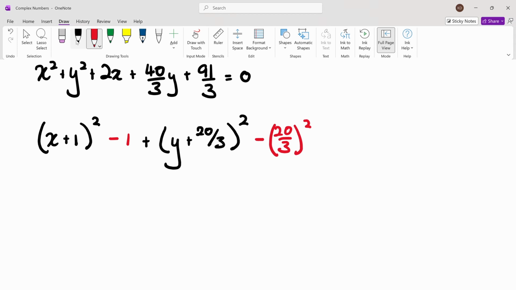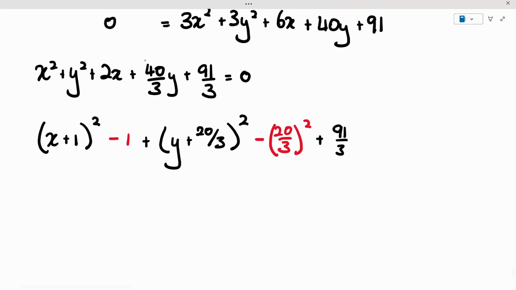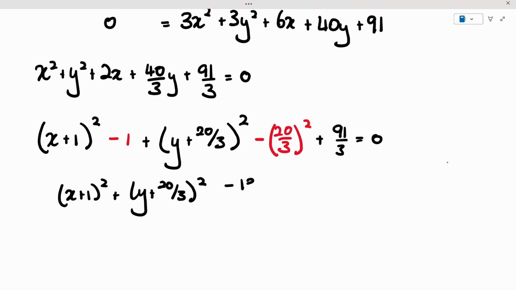Right? Plus 91 over 3 equals 0. So we bring everything over, x plus 1 squared plus y plus 20 over 3 squared, which will give us minus 136 over 9 equals 0.